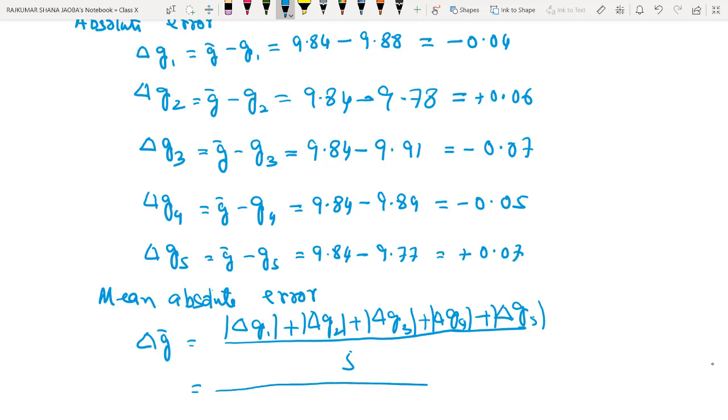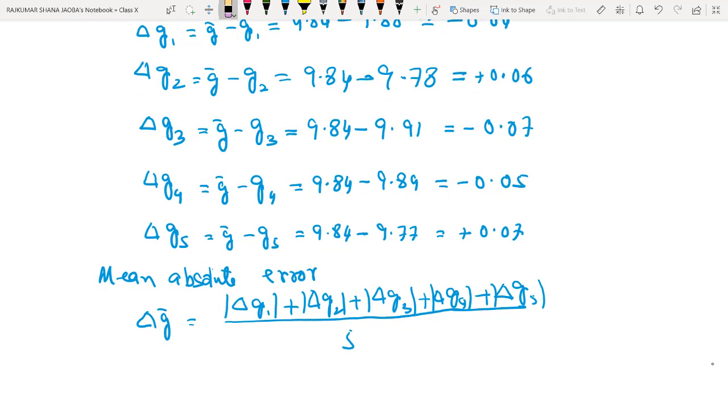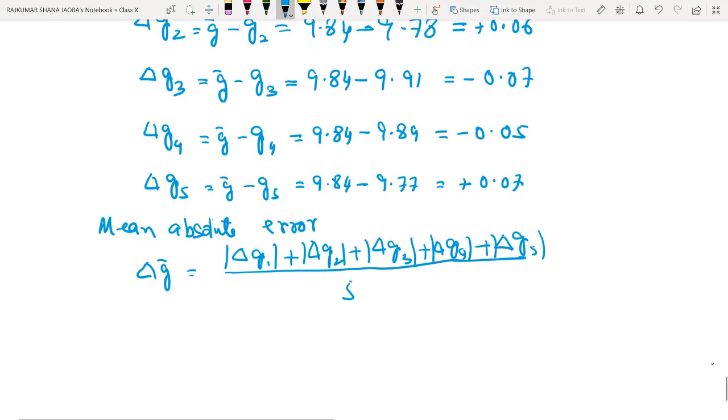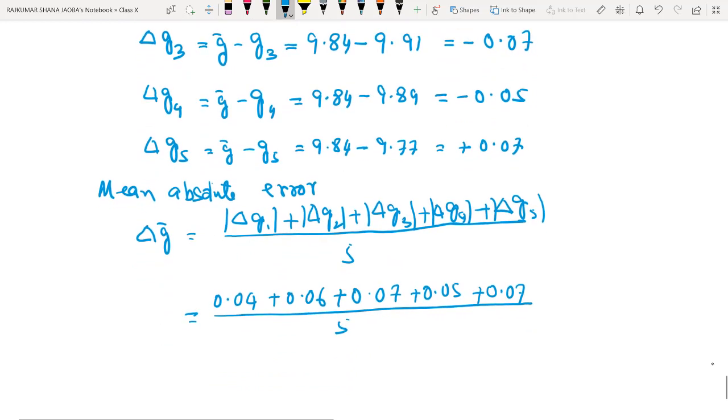So this is 0.04 plus 0.06 plus 0.07 plus 0.05 plus 0.07 divided by 5.